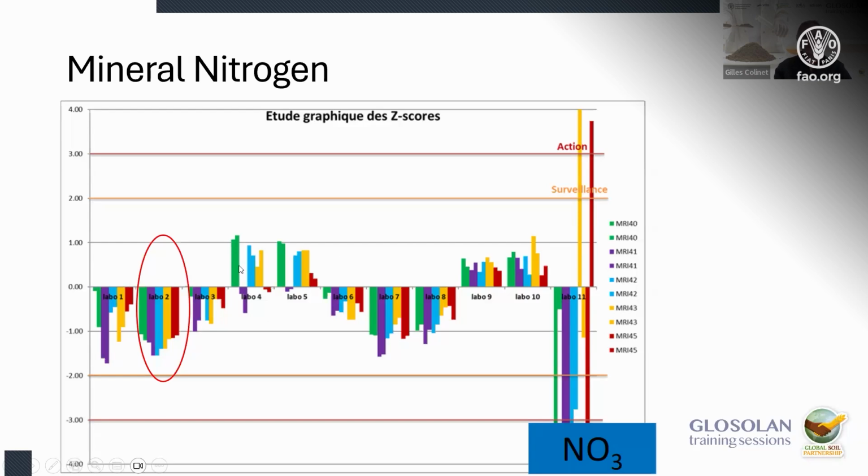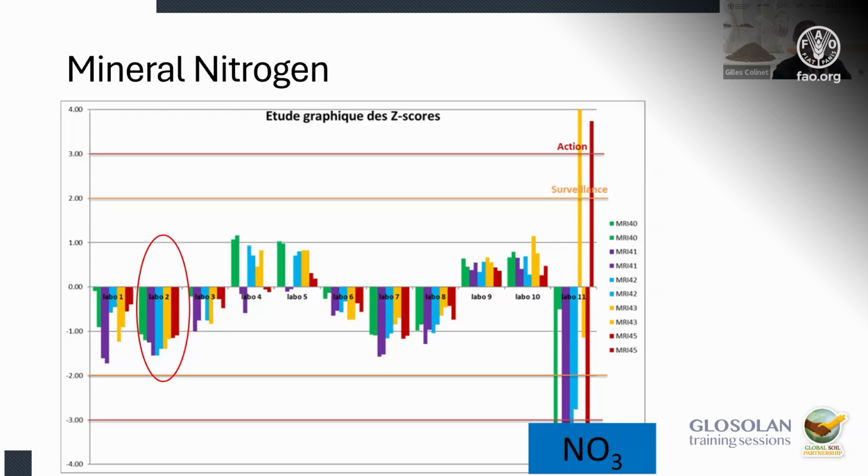Usually there are different labs working. So that's first labo, labo 2, 3, 4, and so on. And the colors are different samples. They are repeated, so we have 6 samples repeated twice. And the idea is to look at the performance of every laboratory.